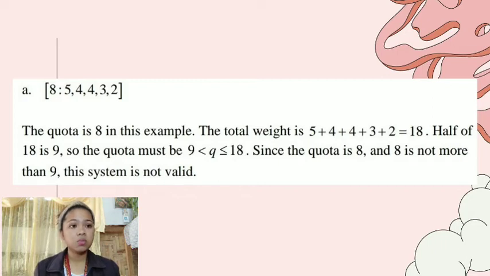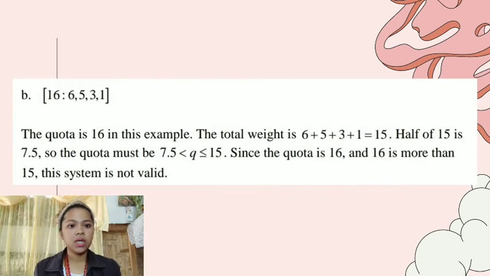So the total weight would be added: 5 plus 4 plus 4 plus 3 plus 2 equals 18. Half of 18 is 9, so the quota must be more than 9 and less than or equal to 18. Since the quota is 8 and 8 is not more than 9, this system is not valid.